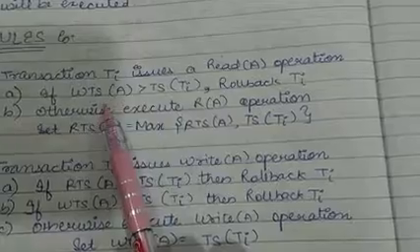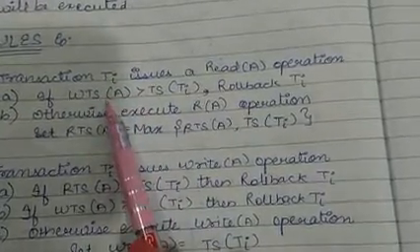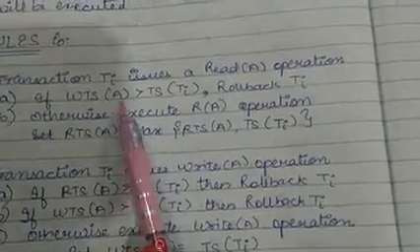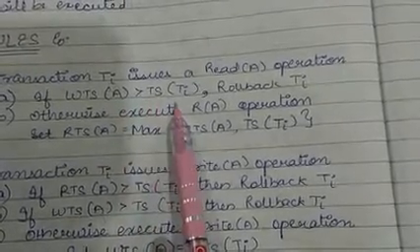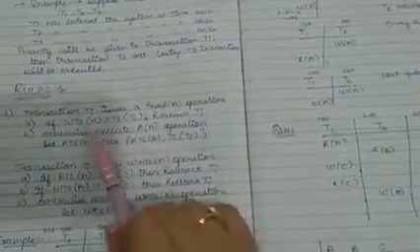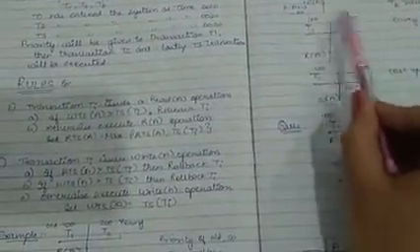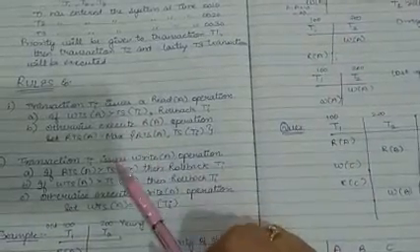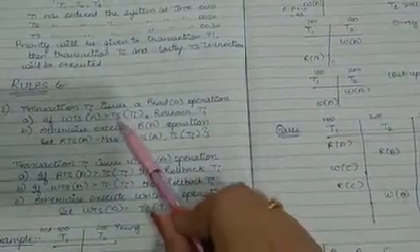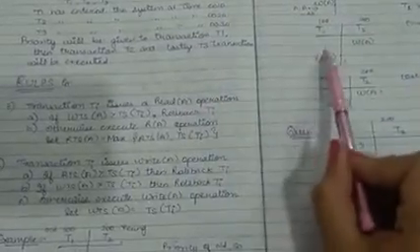Okay, WTS of A means WTS of A was 200. 200 is greater than 100, yes, then roll back. See, when I am saying this WTS of A is 200, 200 is greater than this 100, so roll back transaction T1.